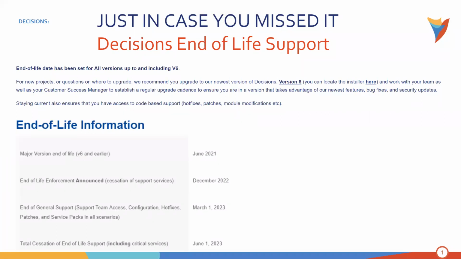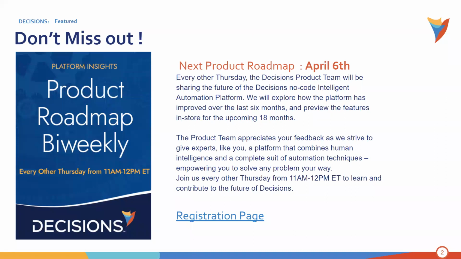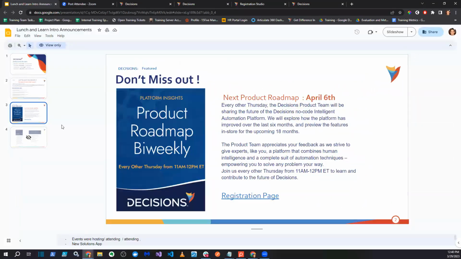There are a couple of changes that are happening in the future, so beware of those. We also have a product roadmap on April 6th, which will be very interesting, that you can register for, every Thursday at 11 a.m. to 12 p.m. Eastern Standard Time, to learn about the different features of future versions of decisions.